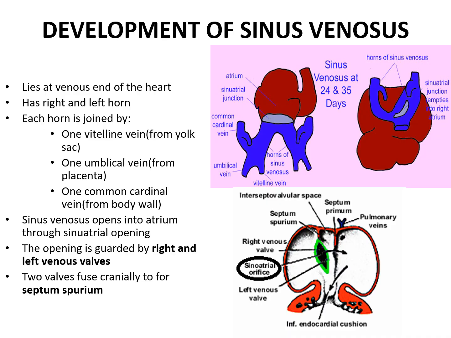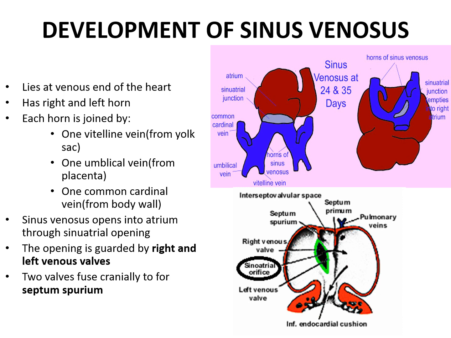Sinus venosus is also called the venous end of the heart, and it has two horns, right and left. Each horn receives three veins: the vitelline vein, which comes from the yolk sac, the umbilical vein, which is coming from the placenta, and one common cardinal vein, formed by the right and left cardinal veins, which is coming from the body wall and bringing blood from the body wall.